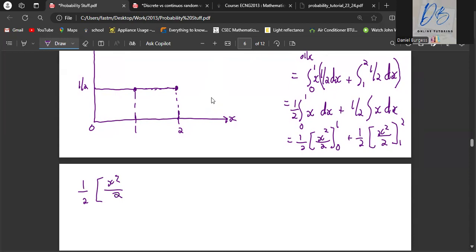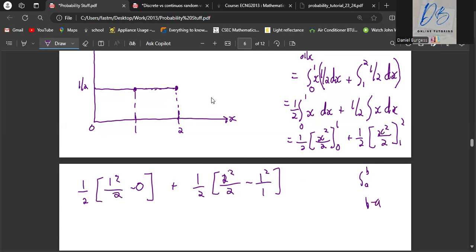When you plug in the 1, you'll end up with 1 squared on 2. And when you plug in the 0, you just end up with 0, plus a half. So now between 1 and 2, it'll be 2 squared on 2 subtract 1 squared on 2. And 1 will always be minus a when integrated. The b is always on top and the a is always at the bottom. So it'll be b minus a, right?